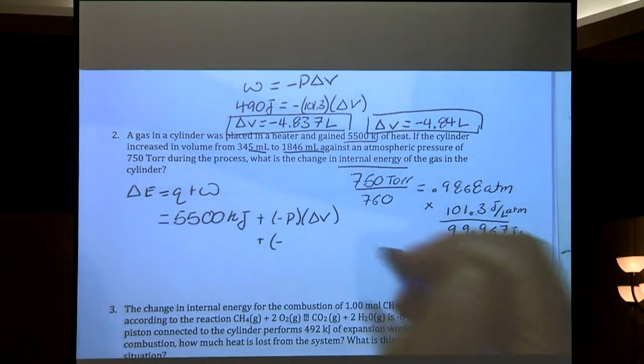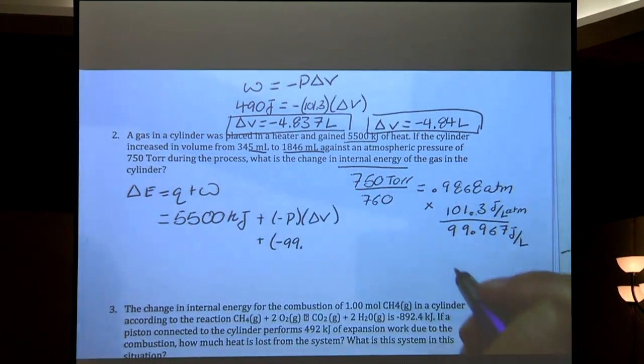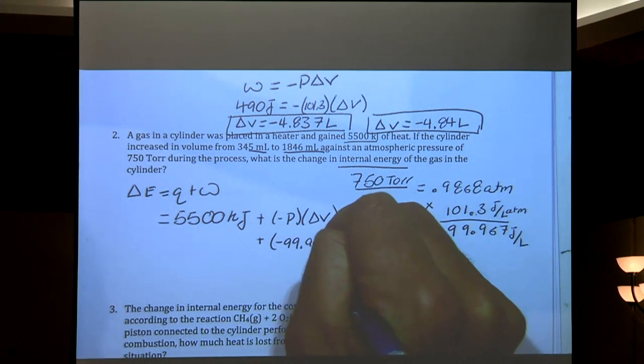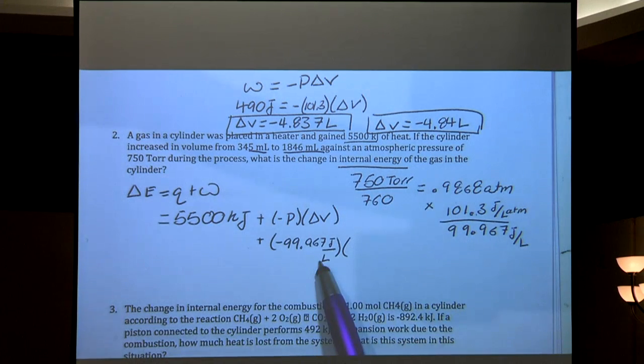Negative P, 99.967 joules per liter. There's delta V. We have to change this to liters because we need liters to cancel out. So how do we find our delta V?